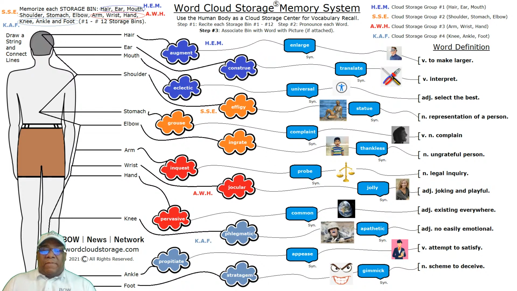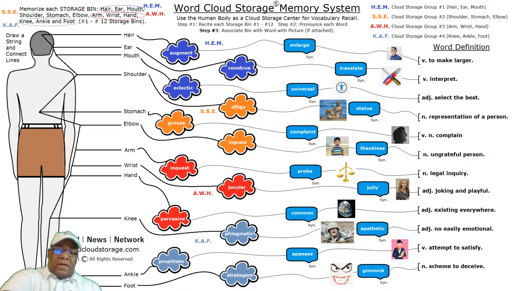So that's for the last few. Let's see if we can do that right block off. And we see common, existing everywhere, pervasive; apathetic, that had to do with phlegmatic; appease, and that had to do with propitiate. And then we have stratagem, which is gimmick.